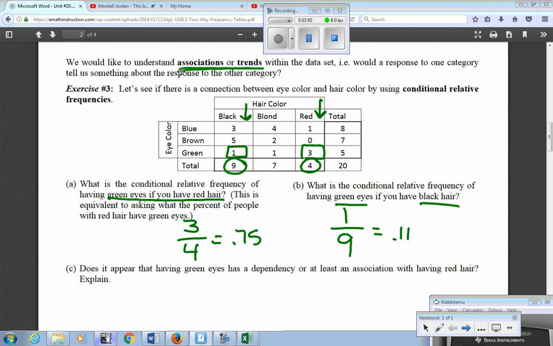So is there association? In this case, yes. Because we have people with red hair have a much greater chance of having green eyes.